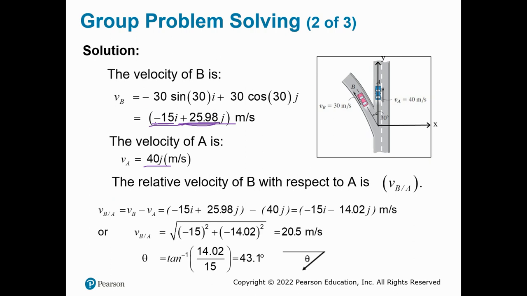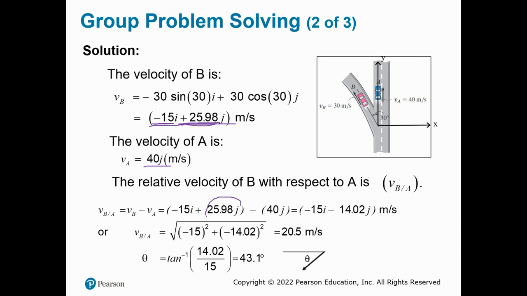Okay, so over here, we have VB/A, the velocity of B with respect to A, which is VB minus VA, equals negative 15i plus 25.98j. That's my VB, and then minus the value of VA, which is 40j.